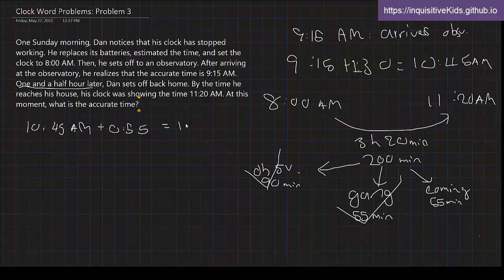That would equal 11:40, right? Because 45 takes another 15 to go up to 11 a.m. So I'm going to take another 15 from 55 minutes. So now we're at 11 a.m. and we add the 40 minutes that are remaining. So 11:40 a.m. So at this moment, the accurate time is 11:40 a.m.